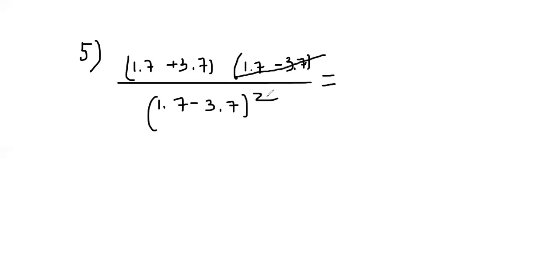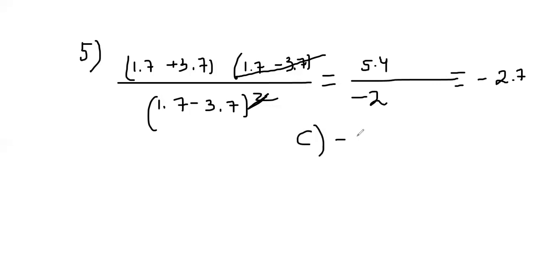One of them is canceled, and we get 1.7 plus 3.7, which together is 5.4, divided by 1.7 minus 3.7, which is minus 2. So the answer is minus 2.7. You can see the answer is C, minus 2.7.